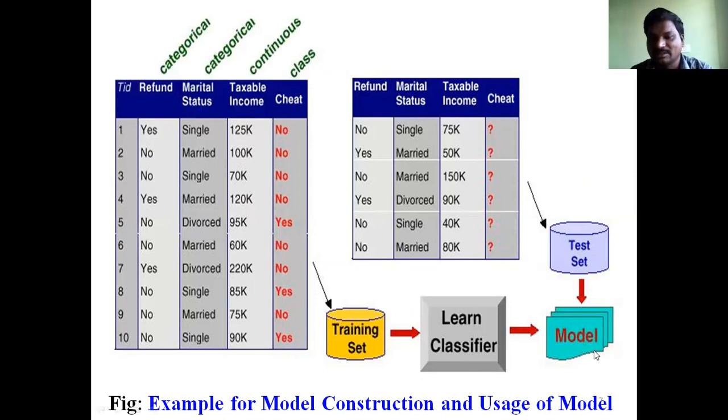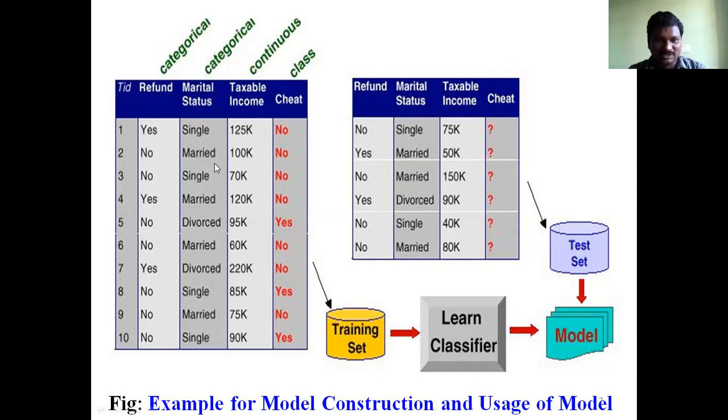Then again I am giving the test data: refund no, marital status single, and taxable income 75k. Whether the cheating status is no or yes, that means it will predict the yes or no information.